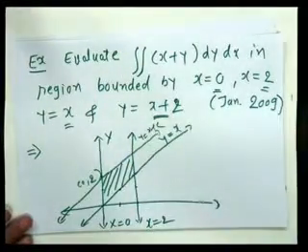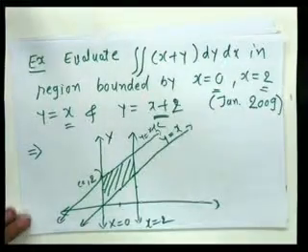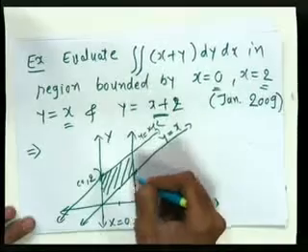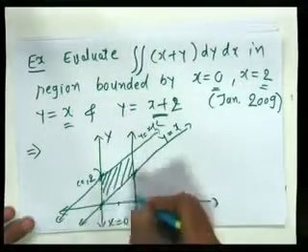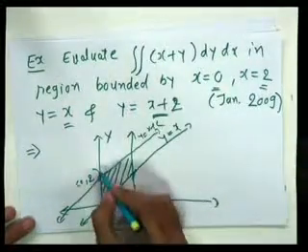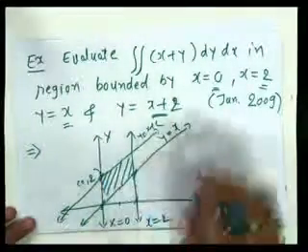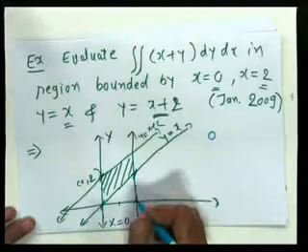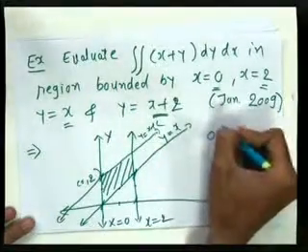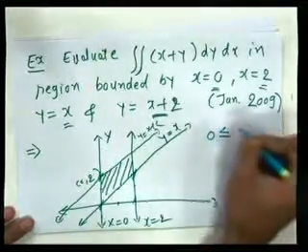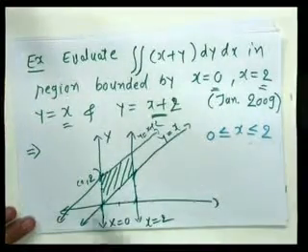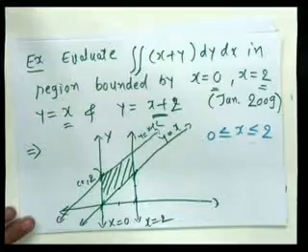Here the left hand limit of x of our region is 0 and the right hand limit of x is 2. So 0 ≤ x ≤ 2 for this bounded region.